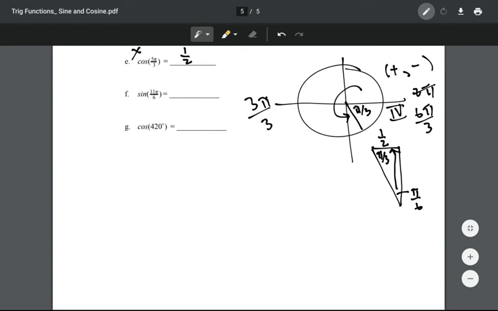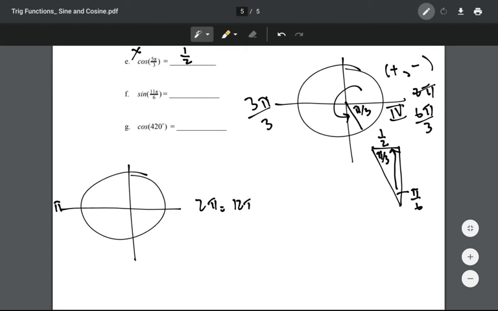Okay, next, 11 pi sixths. Again, pi, 2 pi. I'm not even going to bother with pi here. 2 pi, if I multiply it by 6/6, is 12 pi sixths. So I'm just 1 pi sixths short. Pi sixth then is my reference angle. So this is going to be pi sixths.